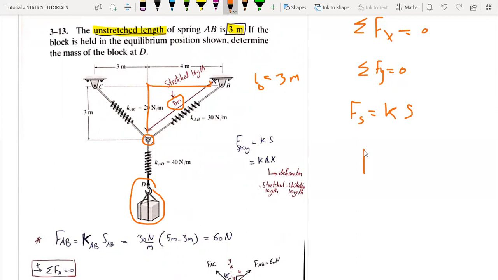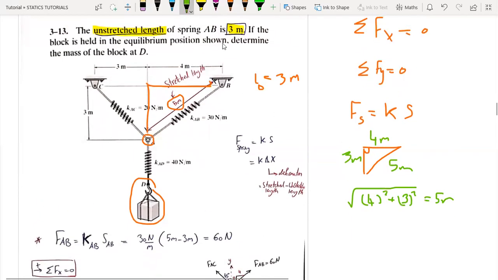Here this is a right angle. Here it's 4 meters, and here the height is 3 meters. So we can get this value to be 5 meters, by saying 4 squared plus 3 squared, and square root, we get 5 meters.